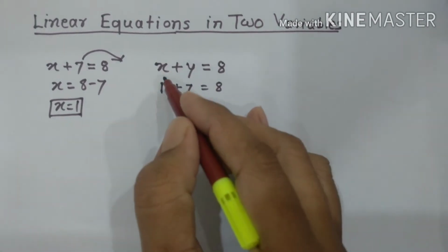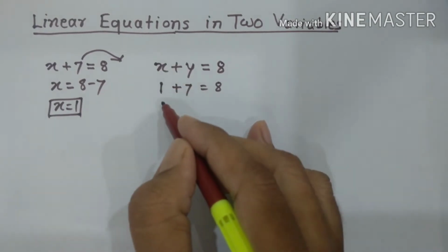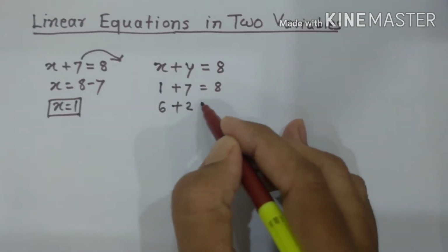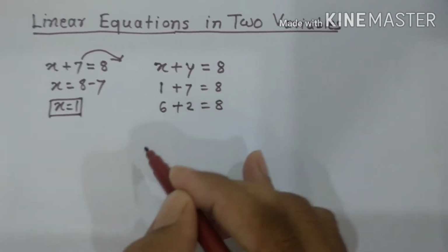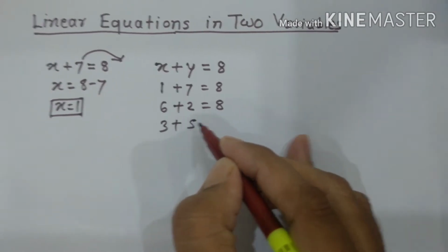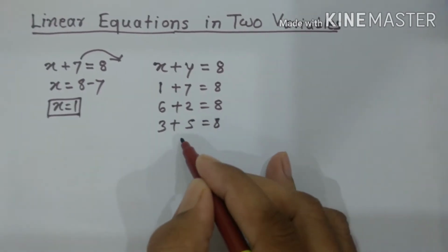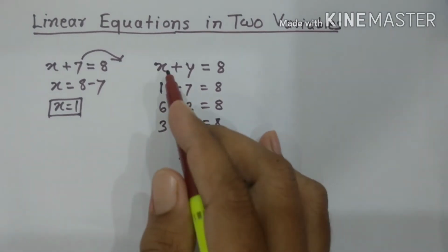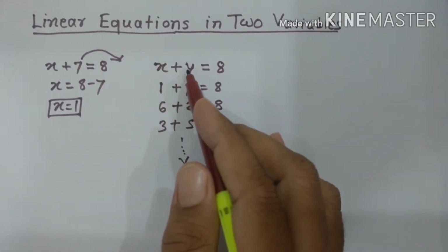If you assume the value of variable x is 6, then the value of y will be 2. Therefore 6 plus 2 equals 8. Similarly 3 plus 5 equals 8. In this way you can find infinite values for the variables x and y.